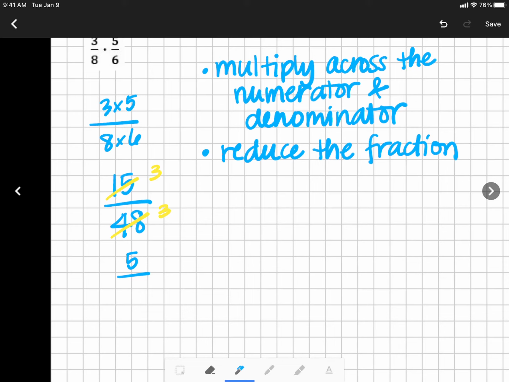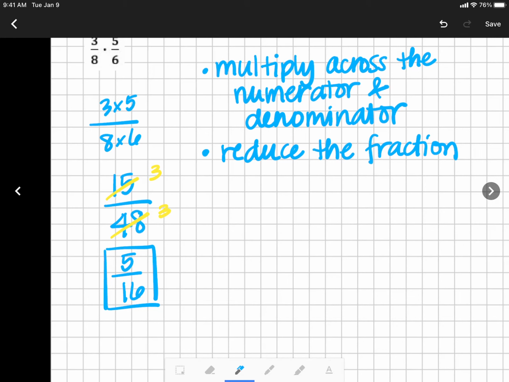You can reduce these fractions. If I take a 3 out of both of them, what am I left with? The first one would be 5. And then 16. Yeah. And then I would check, can I reduce that further? But we can't. That would be the final answer.